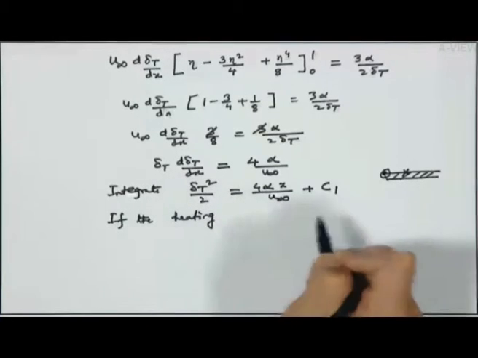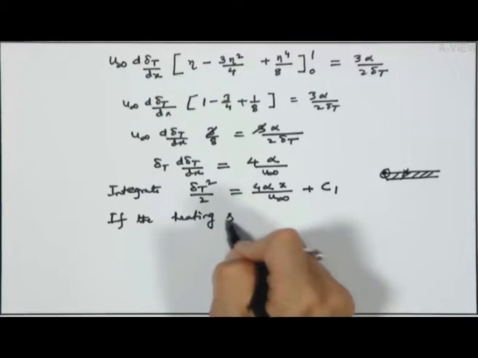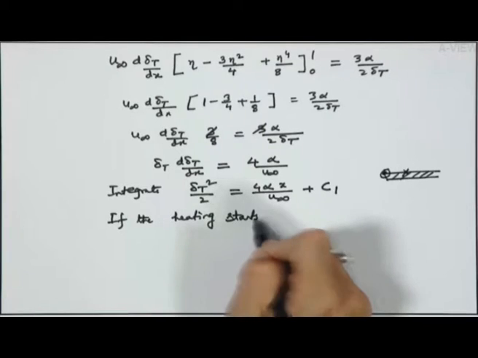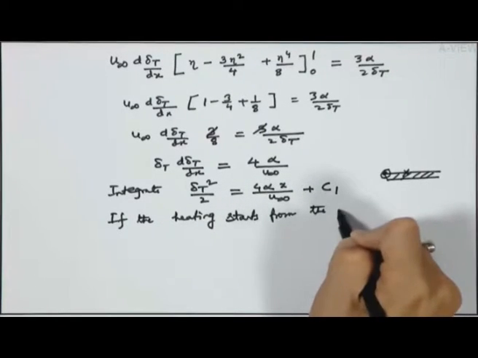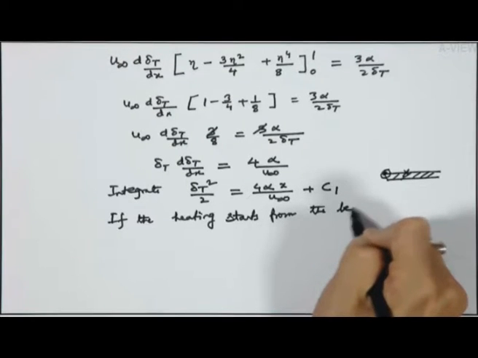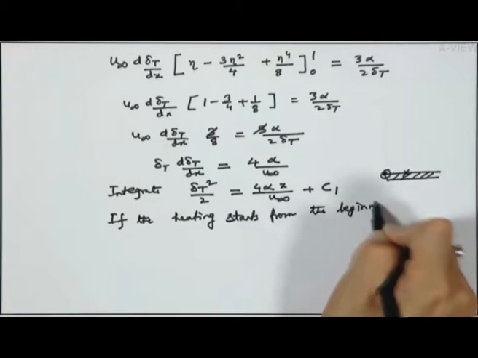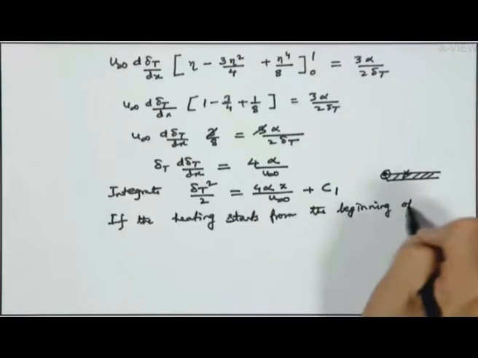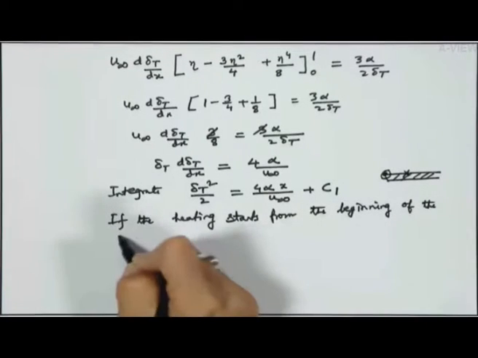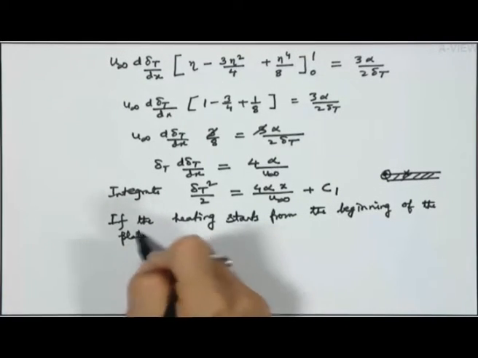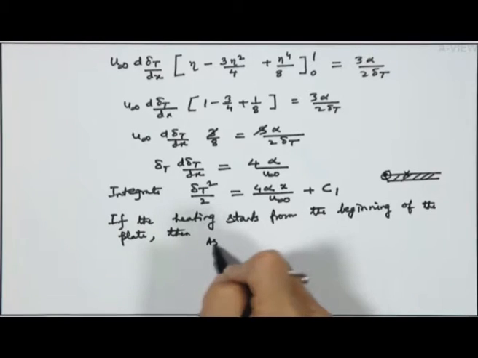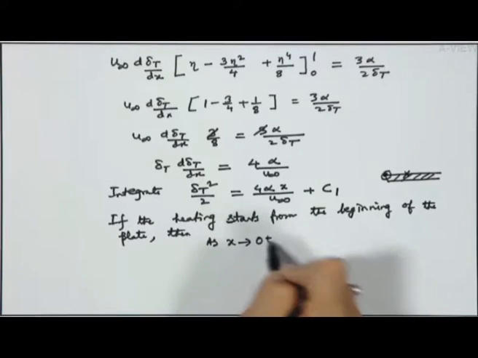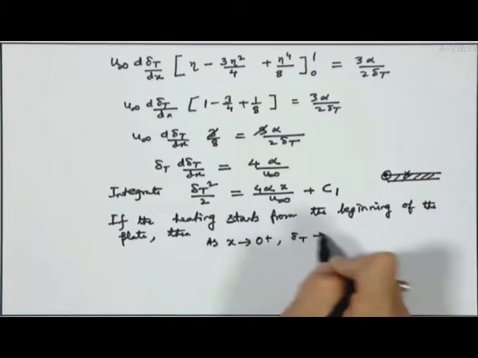In this example we are considering heating. If the heating starts from the beginning of the plate, then we can write as x tends to 0 plus, delta t tends to 0.